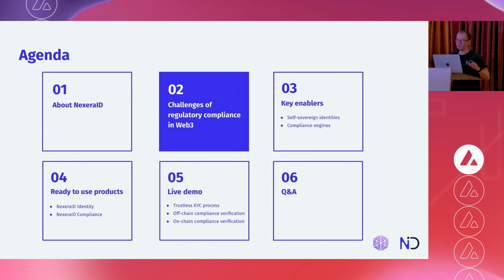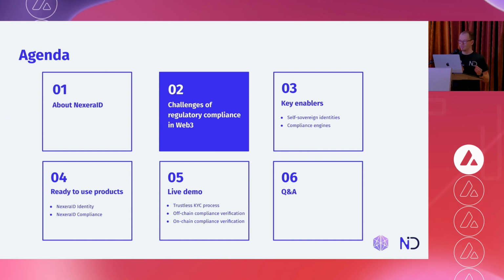Before going further, let's speak a bit about regulatory compliance. So we all know that Web2 financial institutions are required by law to verify things like the identity of their users or the transactions that the users are making against their applications.